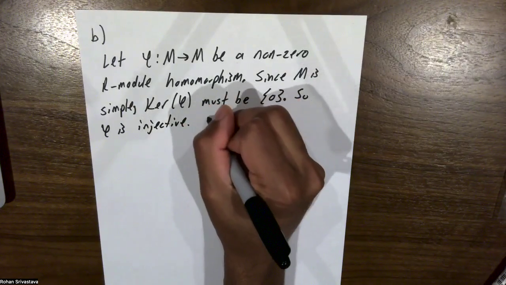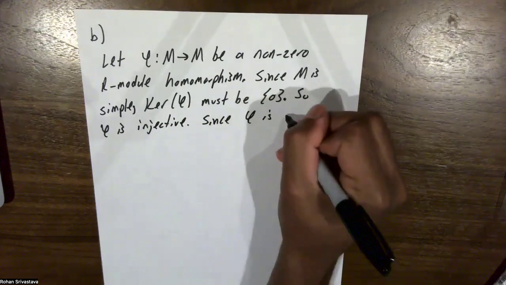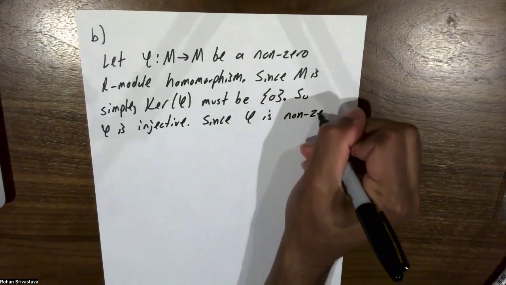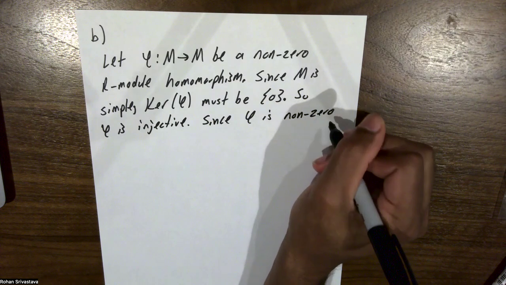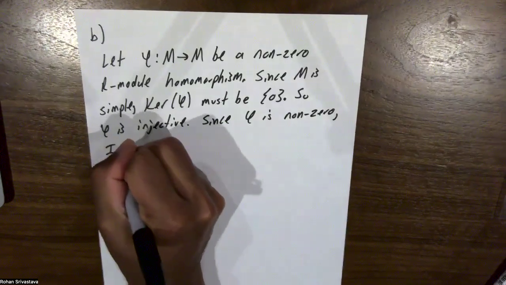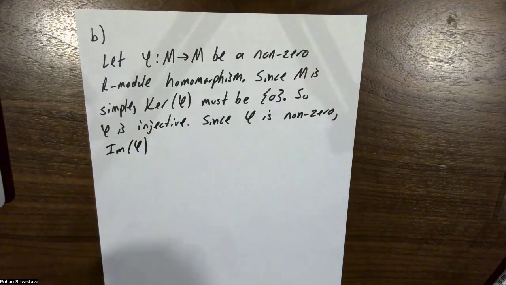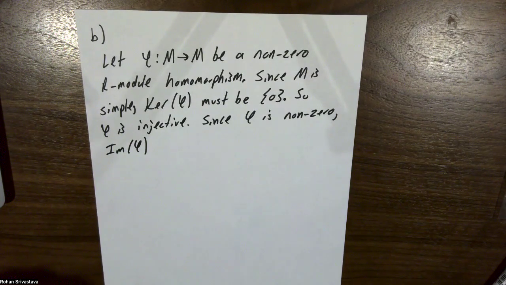And then since phi is non-zero, the image of phi, which is a submodule of M, must be M. M is a simple module, so the only submodules are 0 or M, but it can't be 0 because phi is non-zero.